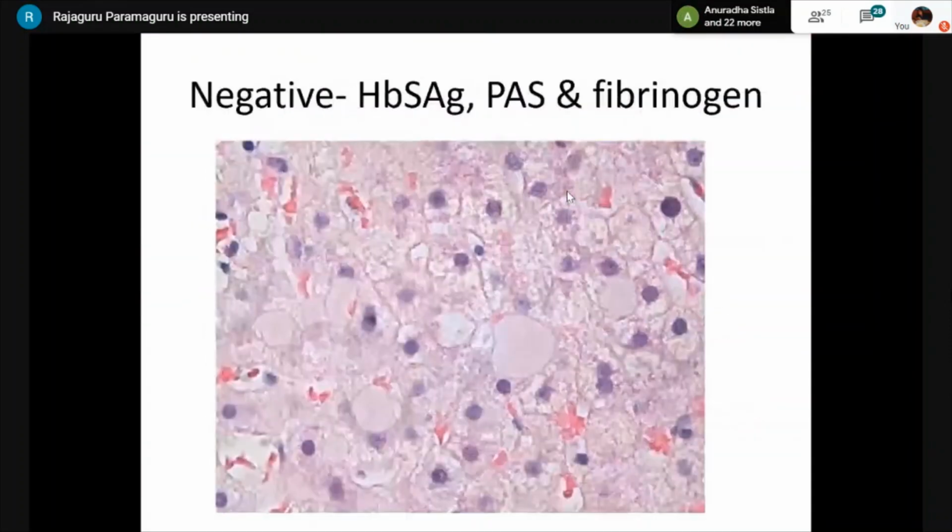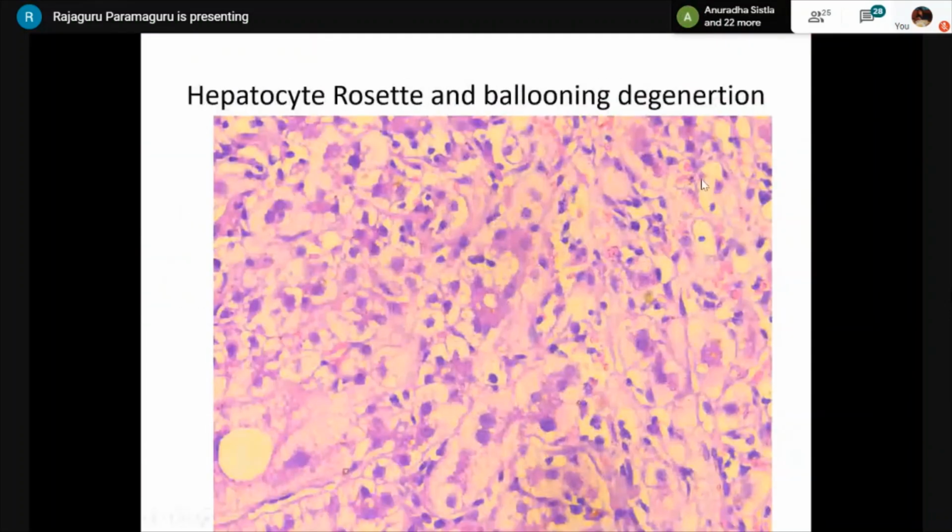And ballooning degeneration is in acute hepatitis. You will see the cytoplasmic vacuolation, and it will be granular. See there, the single cord pattern might be lost because of the steatosis within the cell, but here it is because of the damage, with a lot of inflammatory cells inside.